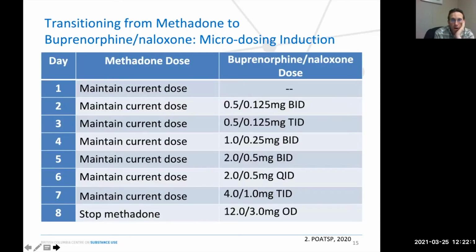So here's an example of how to do this over 8 days. And you can see the methadone dose is maintained at its current dose. And so the buprenorphine dose is slowly increased each day. And the idea is that buprenorphine is slowly replacing the methadone off the opioid receptors in someone.